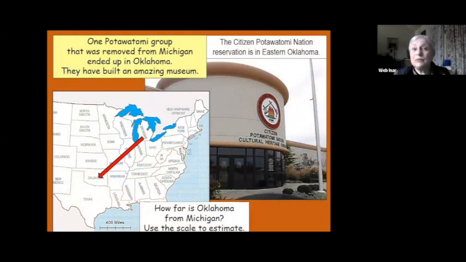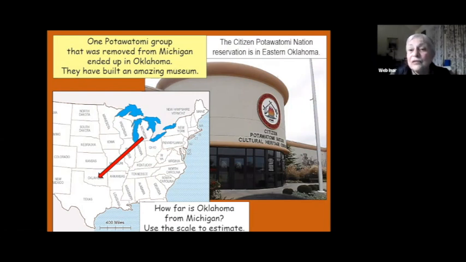And what happened to the Potawatomi? In fall of 2019, my husband and I found one of the groups that was removed from Michigan and ended up in Oklahoma. They are called the Citizen Potawatomi Nation.